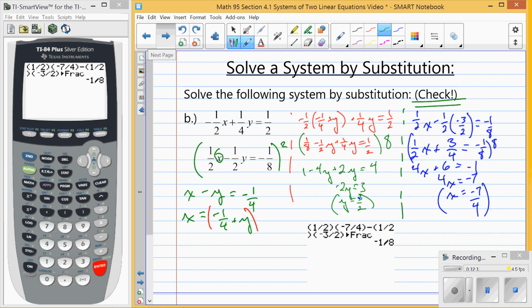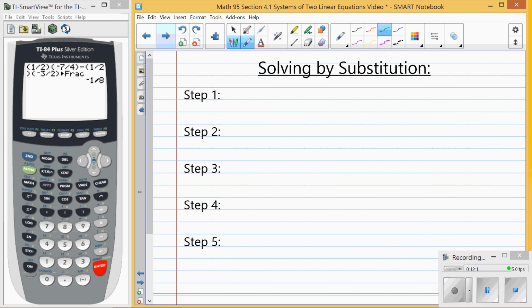Alright. So the steps for solving by substitution. Step 1, unlike elimination, it doesn't matter which form you're in, which form of the line. Step 1 is going to be pick a variable to isolate.